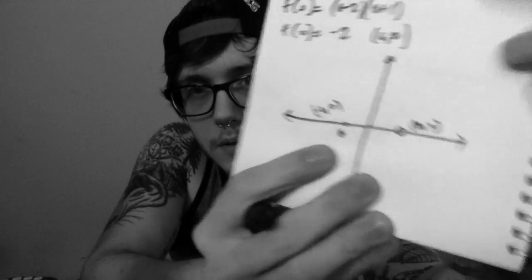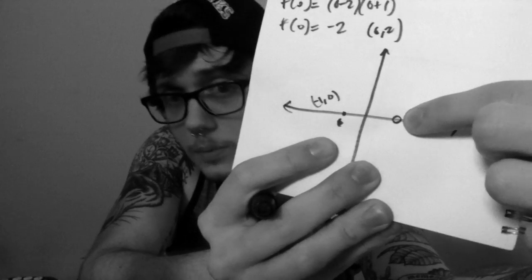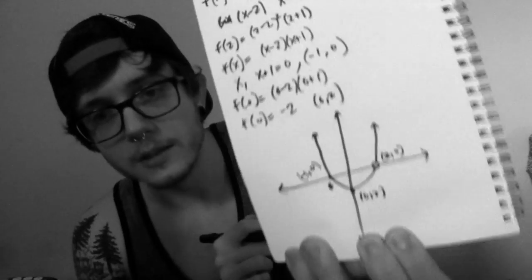The notation changes. For the hole, it's an open circle instead of just the dot there. And then we've got a y-intercept of (0, negative 2). So it's a pretty simple graph. Ends up looking just like that.